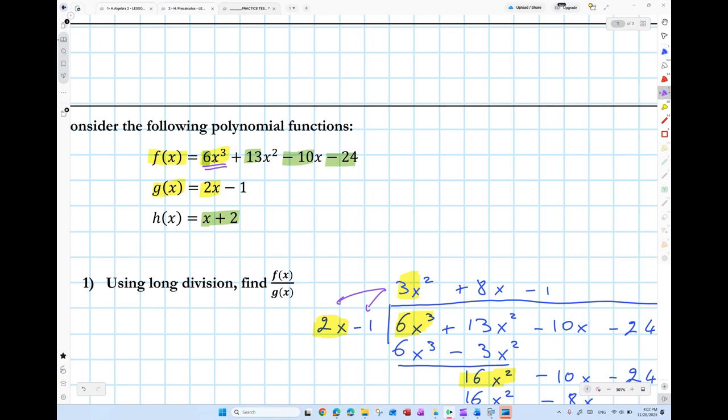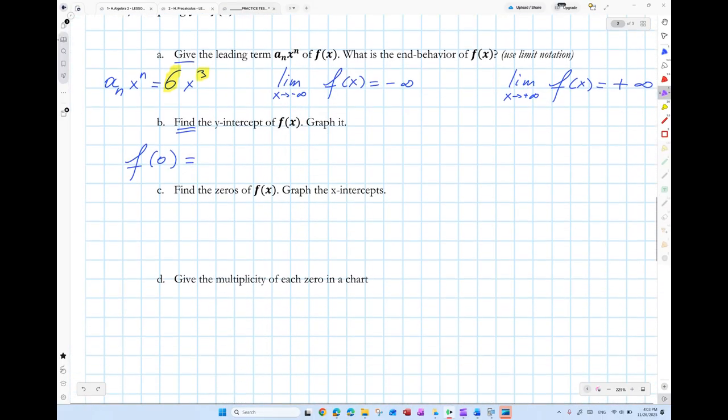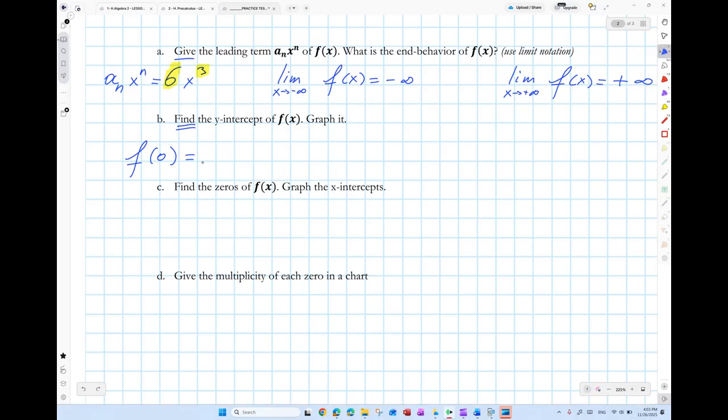If x equals 0, this equals 0, this equals 0, as well, and I'm left with negative 24. Therefore, the y-intercept is (0, negative 24).